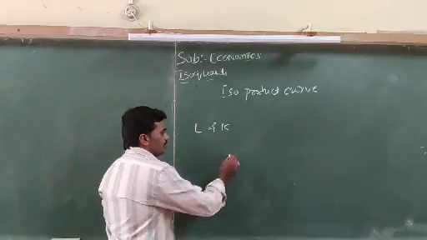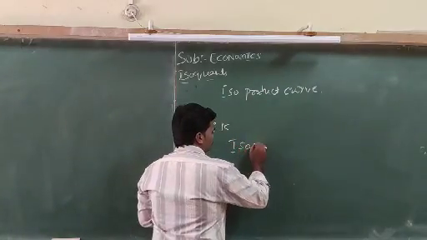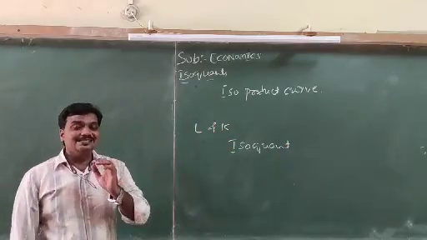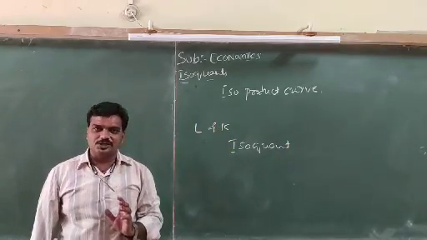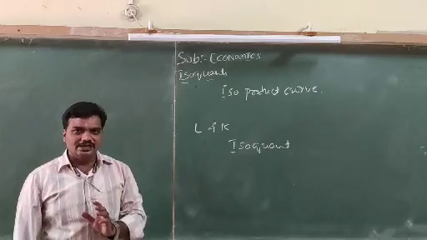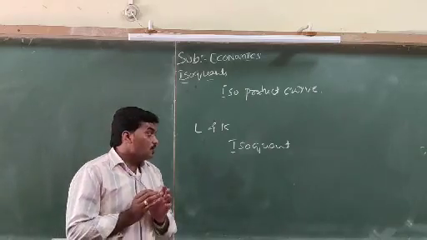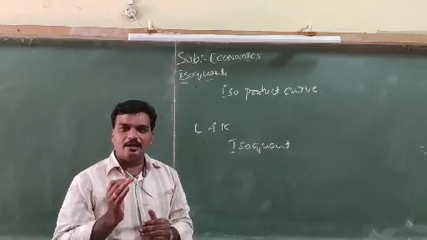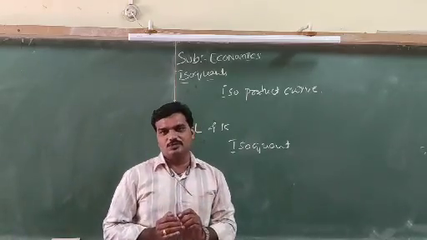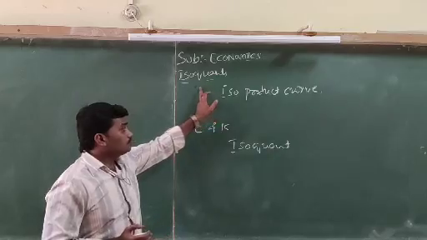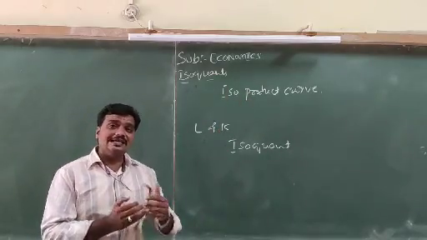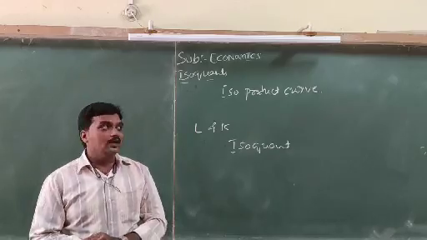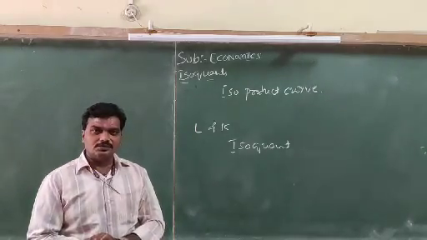A single isoquant represents a single level of output. Whatever combination lies on a single isoquant represents the same level of satisfaction. A set of isoquant is called isoquants.